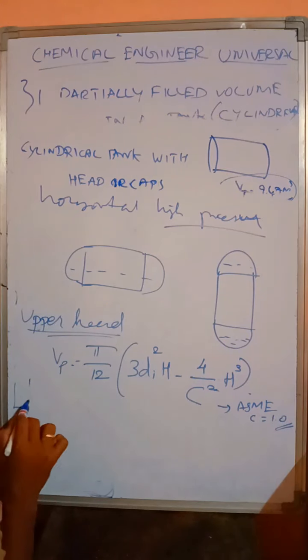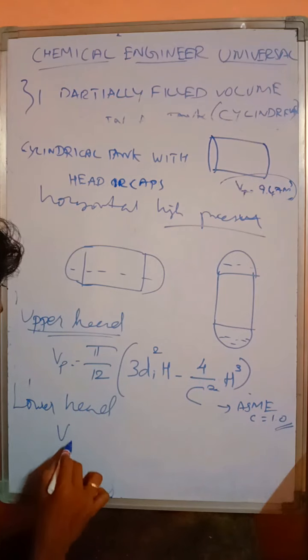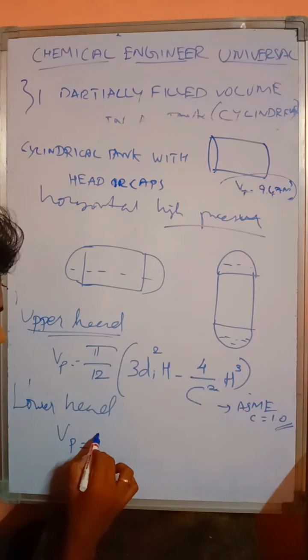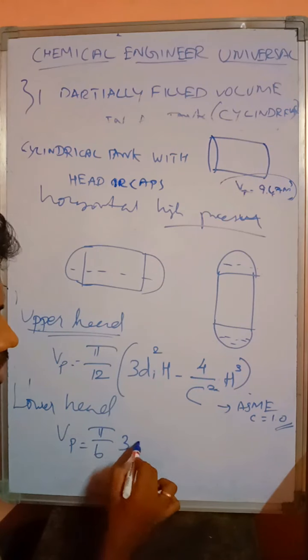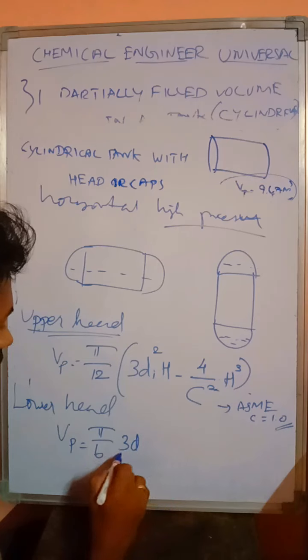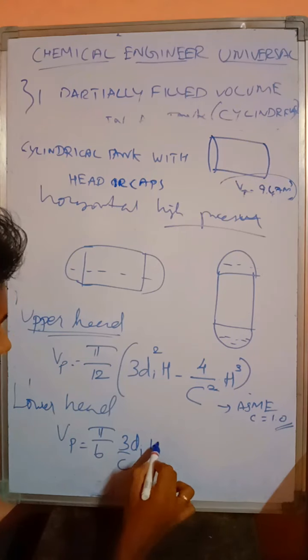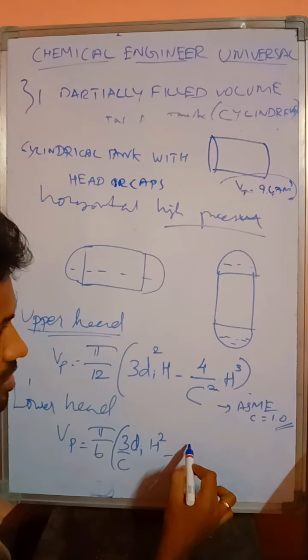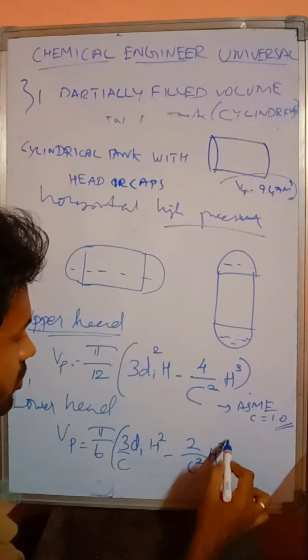And for the lower head, Vp is equal to 5 by 6 pi, 3 by c di h square minus 2 by c square h cube.